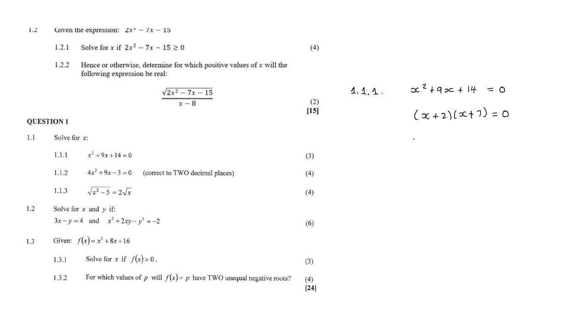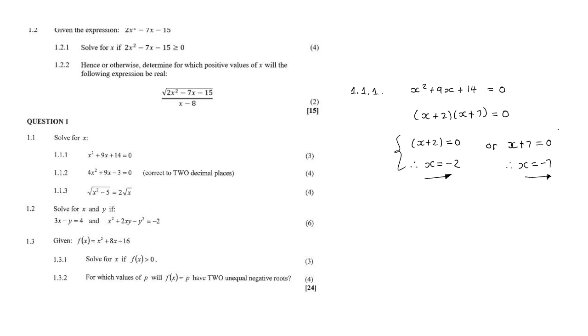Did I do the step where I say x plus 2 is equal to 0, therefore x is equal to minus 2, or x plus 7 is equal to 0, therefore x is equal to minus 7? If I didn't do this step, Teffo, I am so sorry, but here it is. Don't make that mistake, where you are asked to solve for x and then you just stop in the factorizing step. I have a feeling I did not do this part over here.